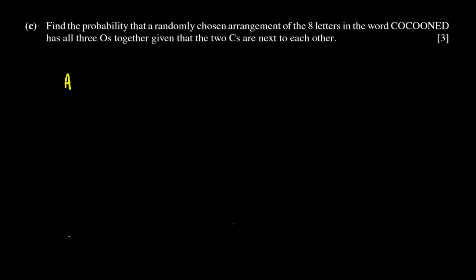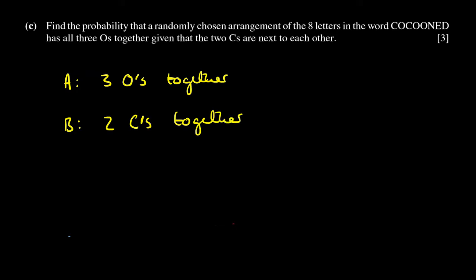So I'm going to define event A as the 3 O's are together, and event B as the 2 C's are together. So what we're being asked to find is the probability of A given B, right? We want the probability that the three O's are together given that the two C's are together.